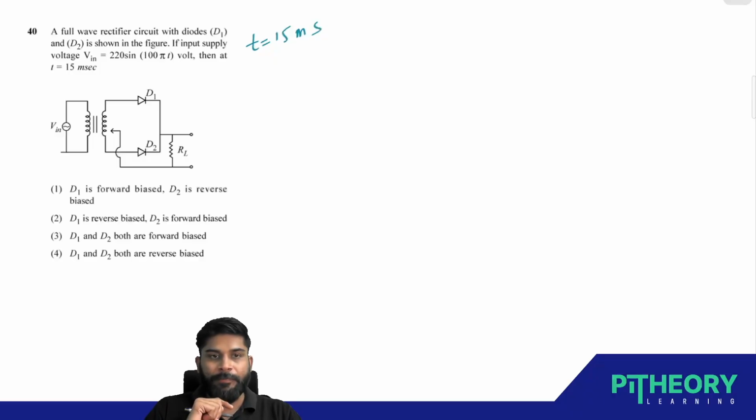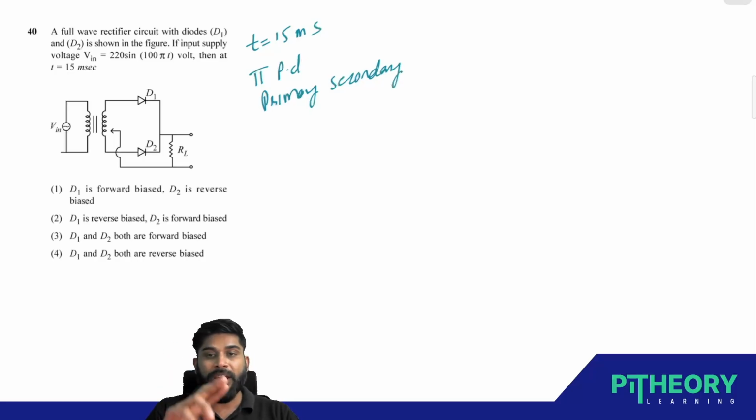The basic thing that you need to keep in mind here is that there will always be a 180-degree phase difference, or pi phase difference, between the primary and the secondary of a transformer. You should keep this in mind. There will always be a 180-degree phase difference, or pi radian.